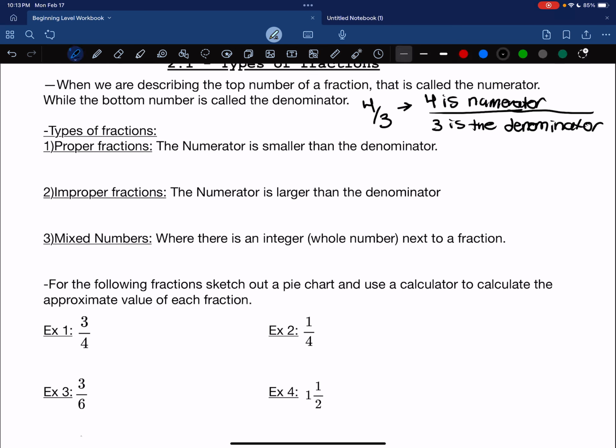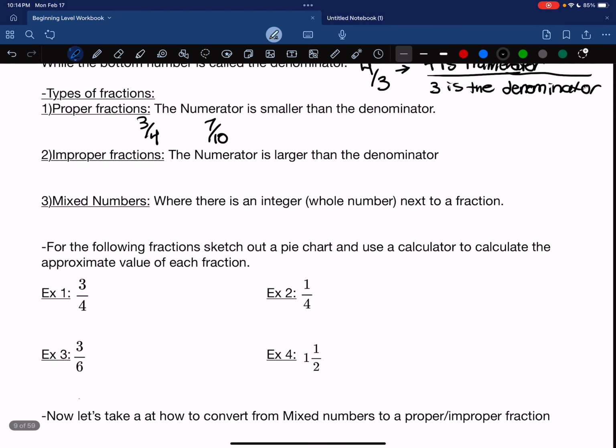An example of that would be 3/4, or another example could be 7/10. These are proper fractions because the numerators are less than the denominators, right? Because 3 is less than 4 and 7 is less than 10.